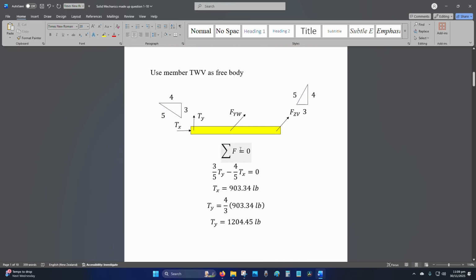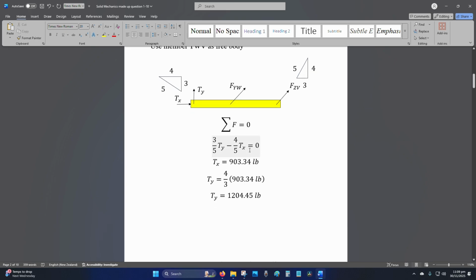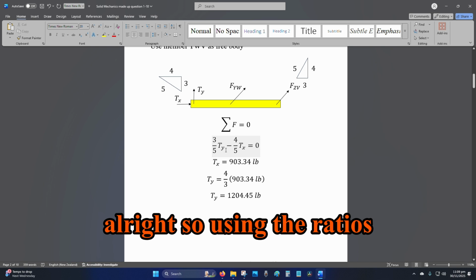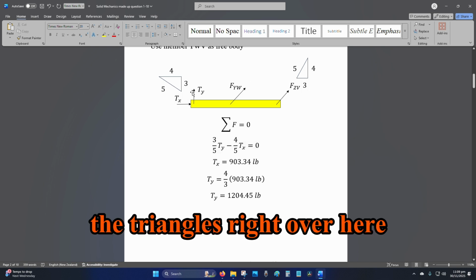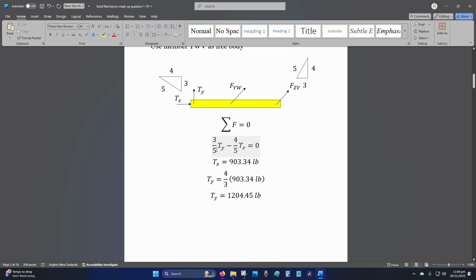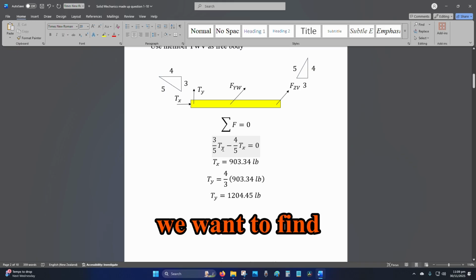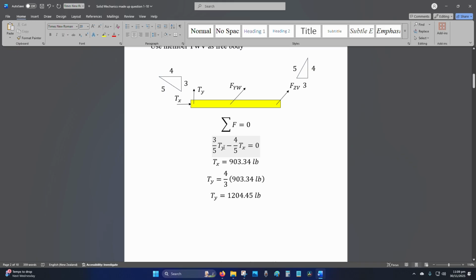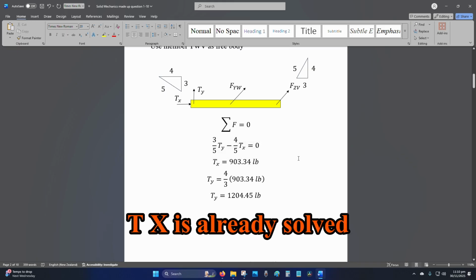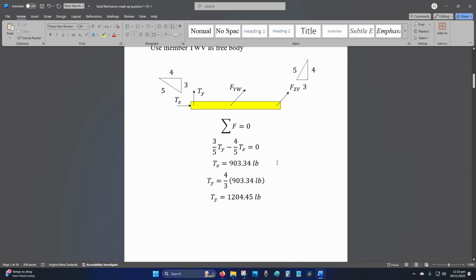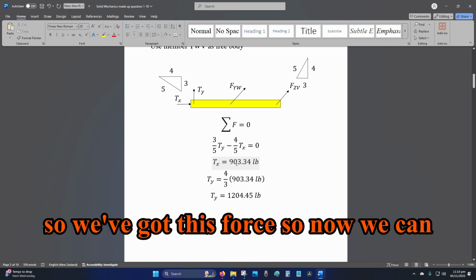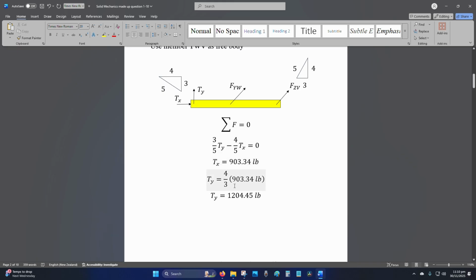Okay, so sum of the forces equal to 0. Remember that from statics. Using the ratios from the triangles right over here, we want to find the force at Ty. Tx is already solved right over here. So we've got this force, so now we can substitute it into the equation.